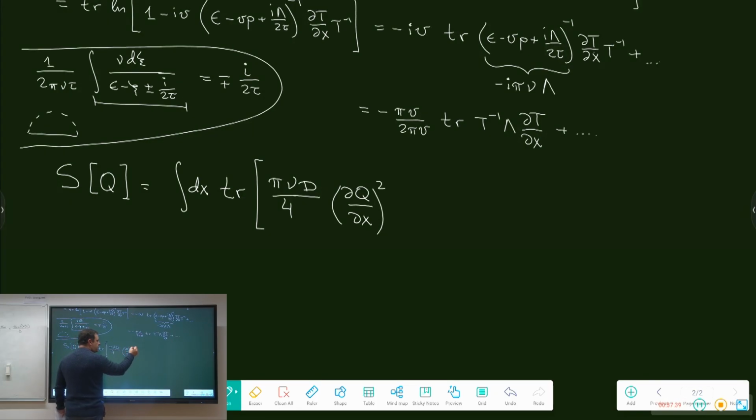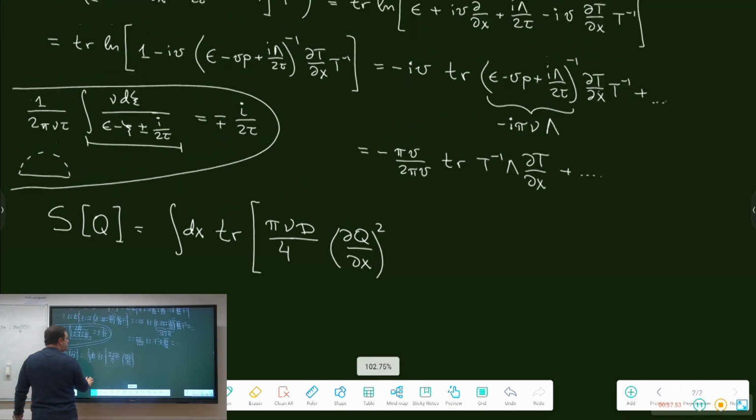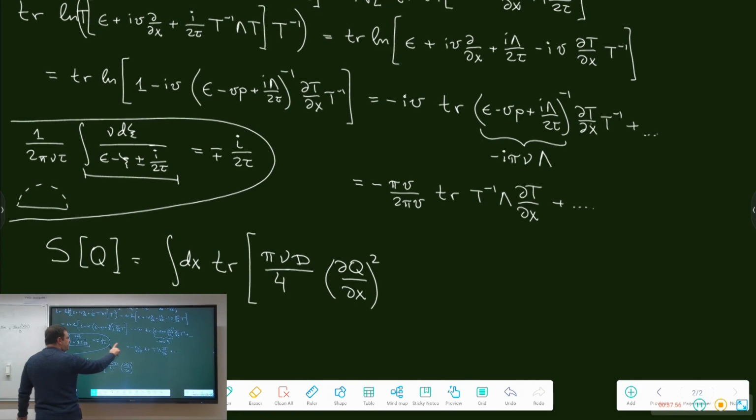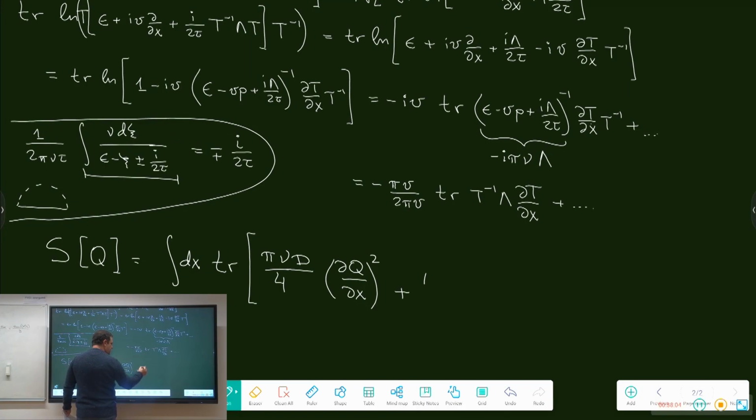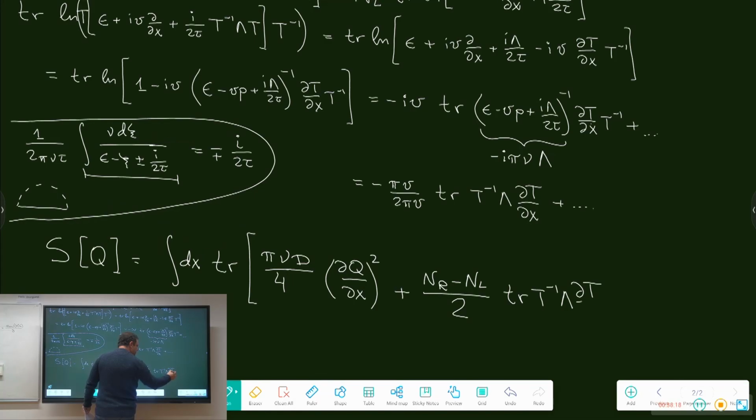This is our quadratic term. It comes from the parts that I discarded. I just know the answer, so I put it here. But we also have the linear term, because the number of right and left modes is different. So the number of right modes minus the number of left modes, divided by 2, times the trace of t inverse lambda dt by dx.